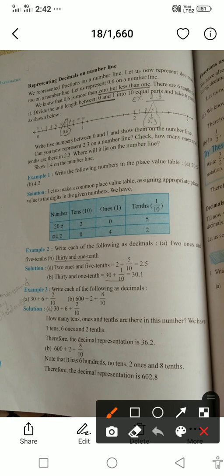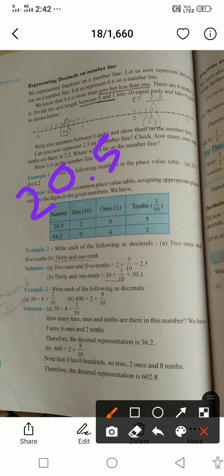Okay, here the first example is given: write the following number in a place value table. One number is given here, 20.5. We have to write 20.5 in the place value table. This is the place value table.